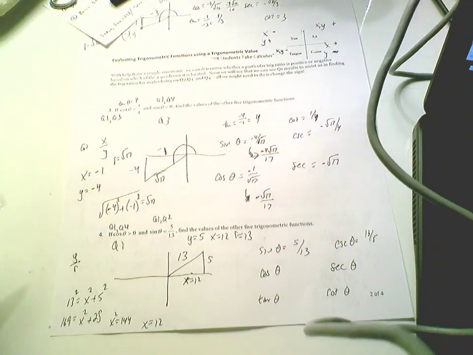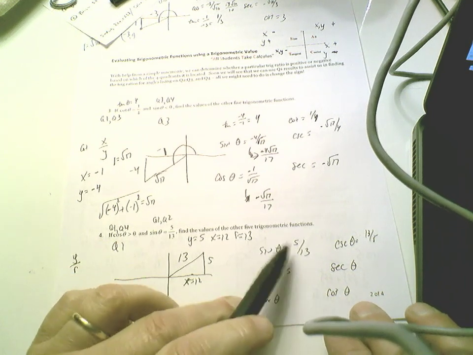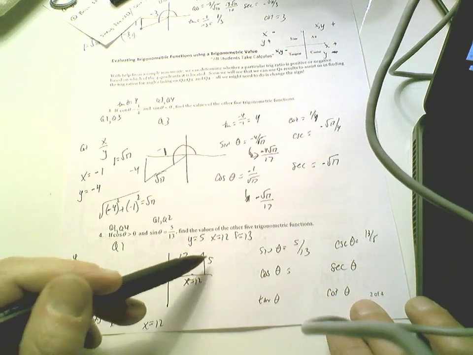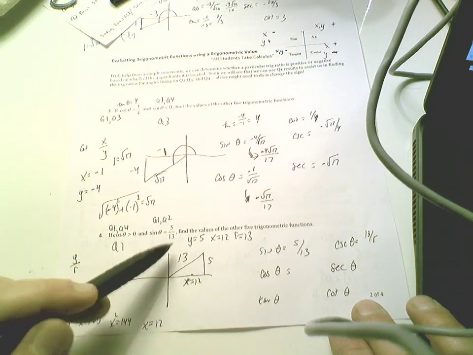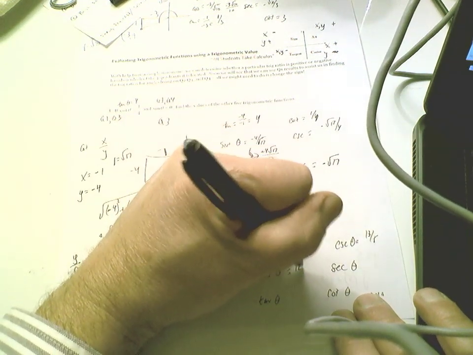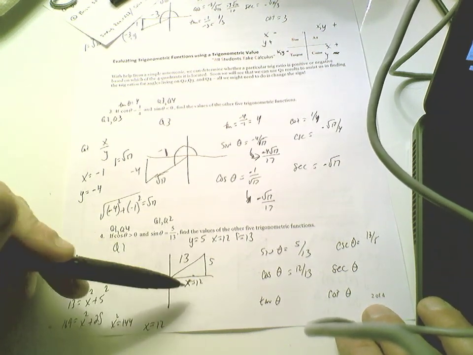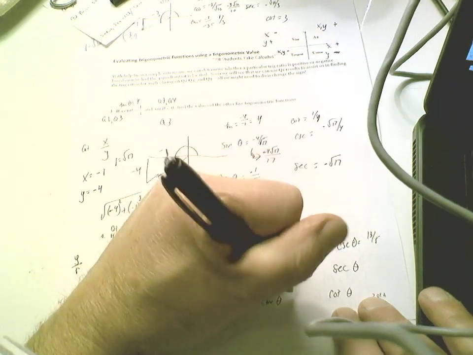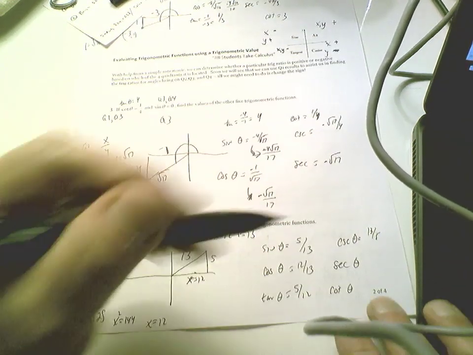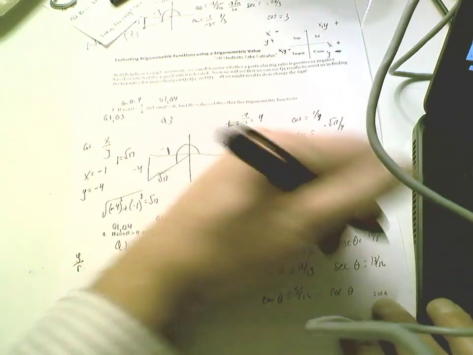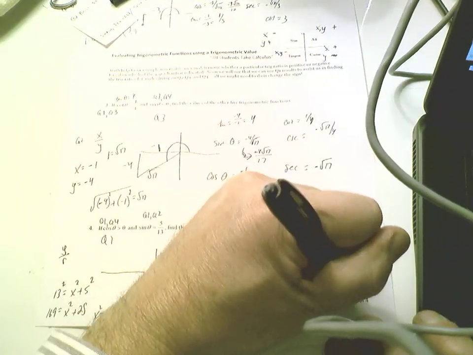All that's left to do is put my ratios together. Already did sine, y over r, 5 over 13. My cosine is 12 over 13. My tangent is 5 over 12, y over x. My secant is 13 over 12. My cotangent is 12 over 5. And there we are.